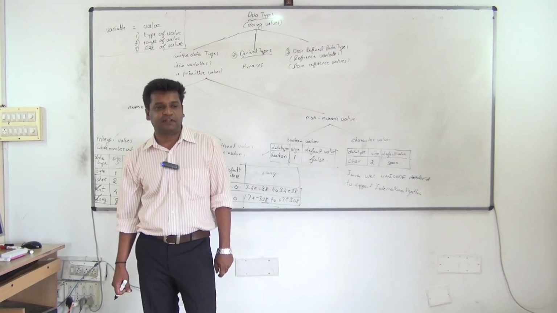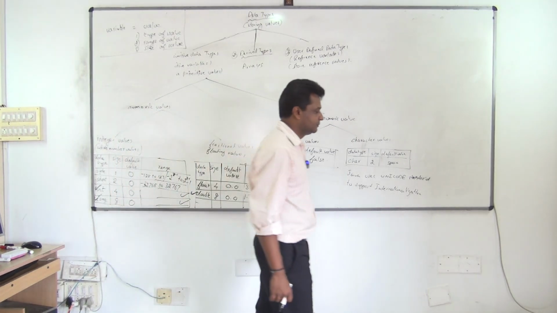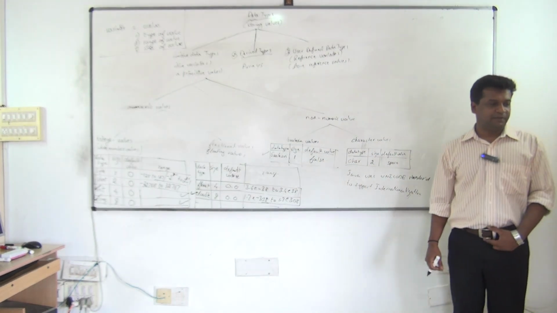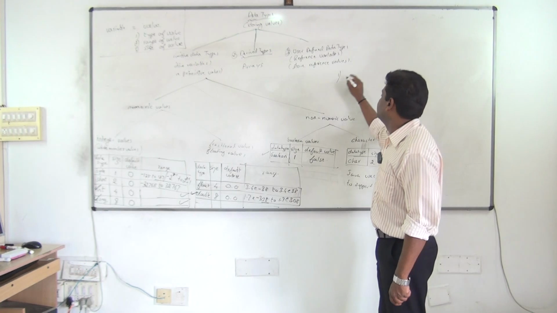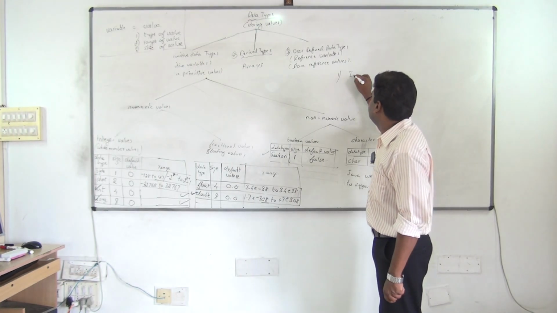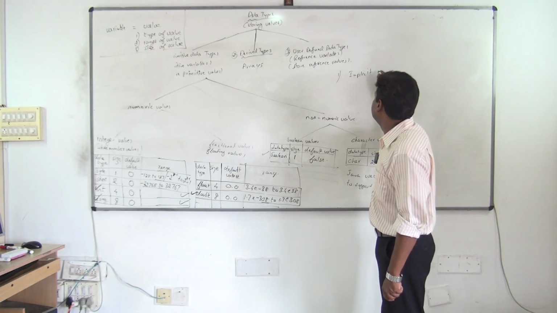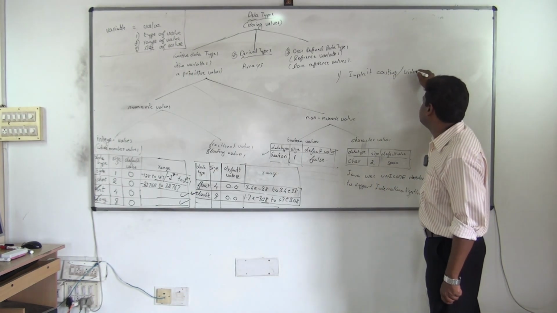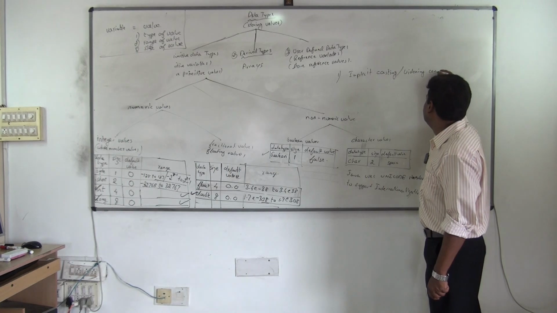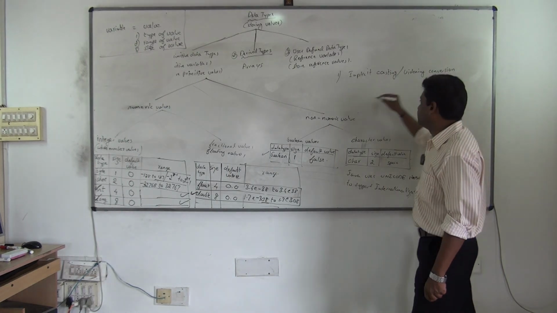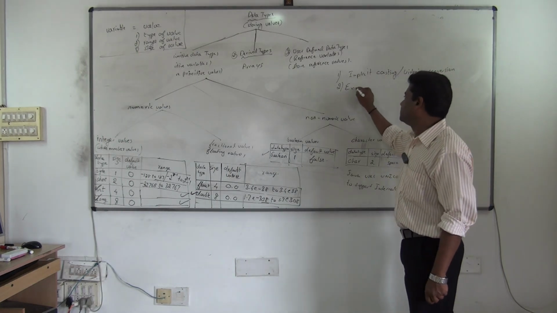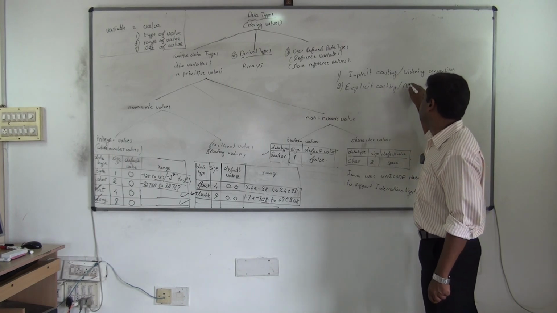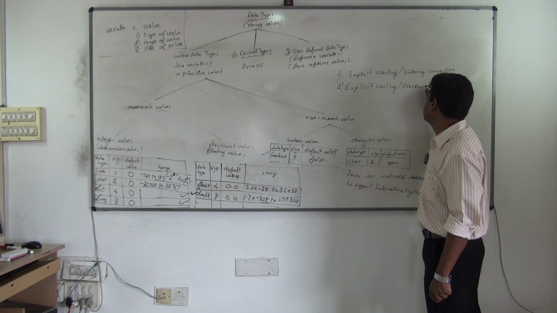Understood? There are two types of typecasting. First one, implicit casting or widening conversion. Second one, explicit casting or narrowing conversion.